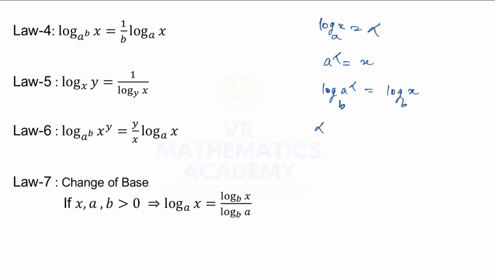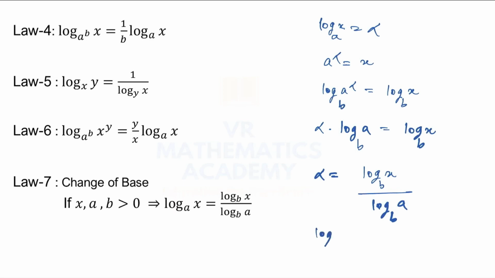Now we will apply the law 3rd. According to law 3rd, it will be alpha into log of a base b and will be equal to log of x base b. So alpha will be equal to log of x base b over log of a base b. Now what is alpha?